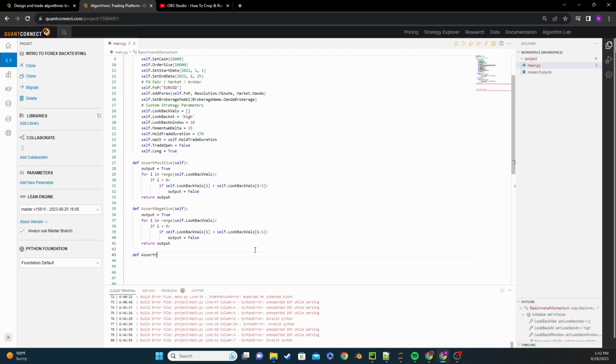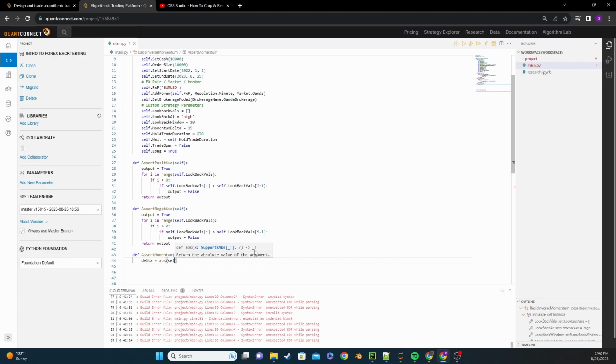So we're going to do assert momentum, okay? And then we need to calculate a new delta, okay? And this delta is going to be basically the difference of the first price and the last price of our look back values, and then we want to convert that to pips.